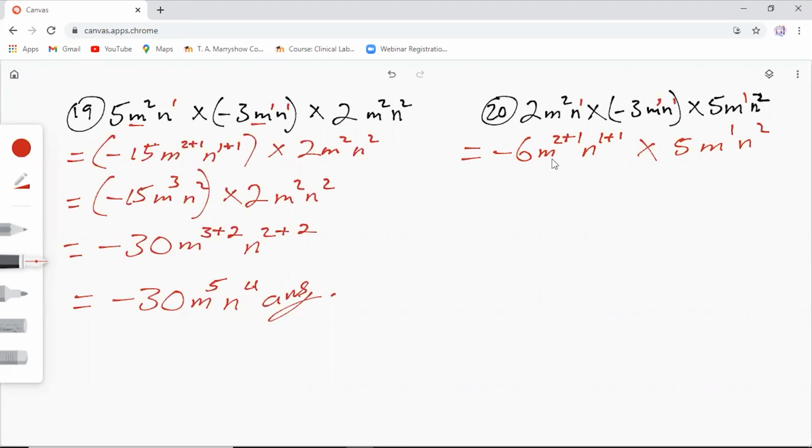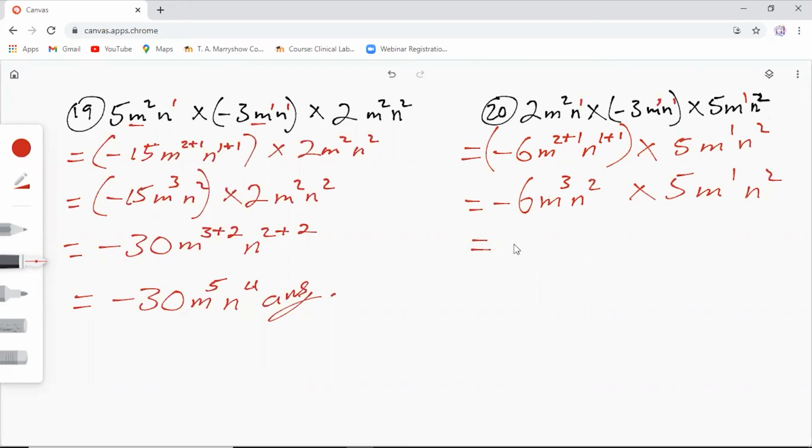Right, negative 6, m to the power of 2 plus 1 is the same as negative 6 m cubed. n to the power of 1 plus 1 is n squared. Multiply that by 5m to the power of 1 n squared.